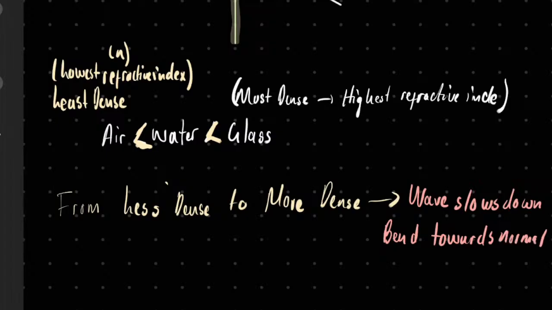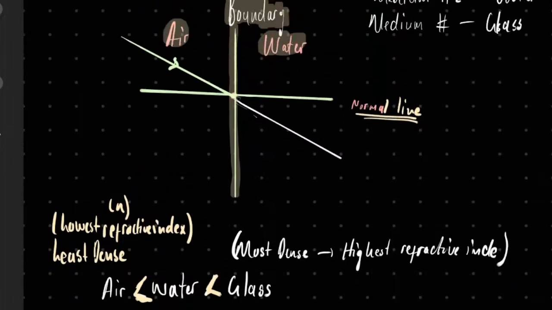I don't care what medium you are moving from and to. If you're coming from air to water, air to glass, or water to glass, that means you're moving from less dense to more dense. Your wave will be slowed down. It's getting into a more dense medium, and it will bend towards the normal. So it will come closer. So this will be the new path of your wave.